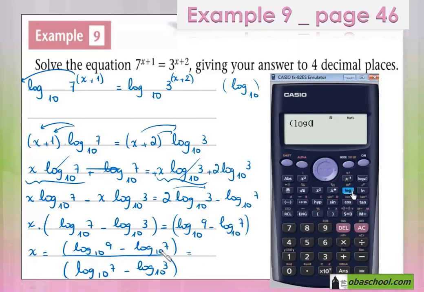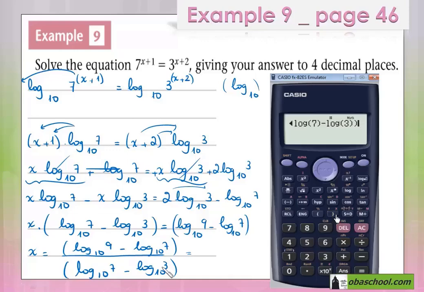The following step is using the calculator. You have to calculate the whole fraction. We have log 9 minus log 7 for the numerator. Again, the log on the calculator is automatically base 10. So log 9 minus log 7, divided by log 7 minus log 3.